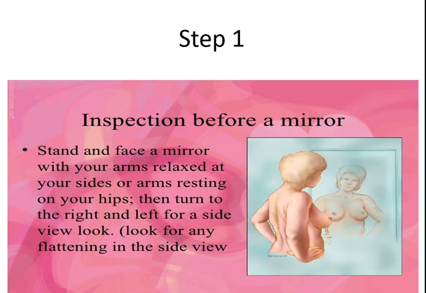Then turn to the right and left for a side view. In the diagram, you can see a woman standing in front of the mirror with her hands on her hips. Then she can turn right and left to see if any sideways curvature or abnormality can be seen.